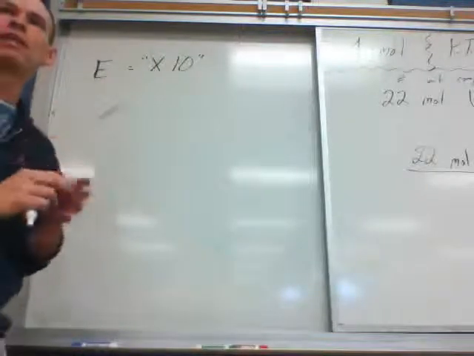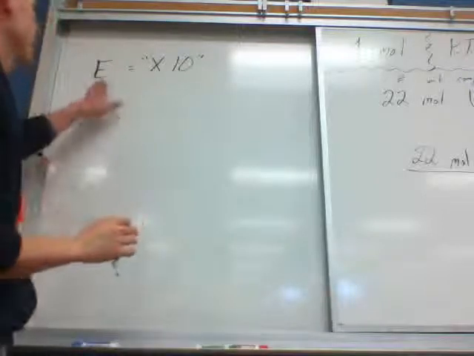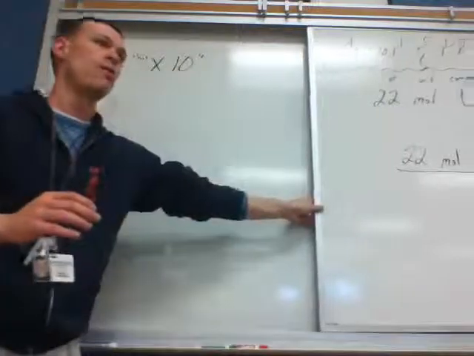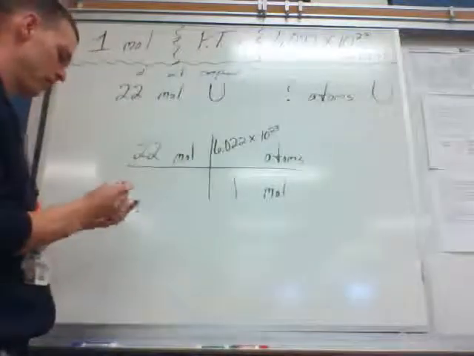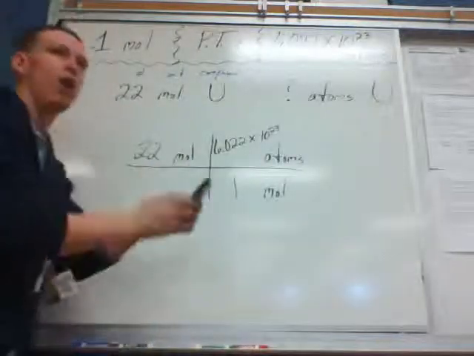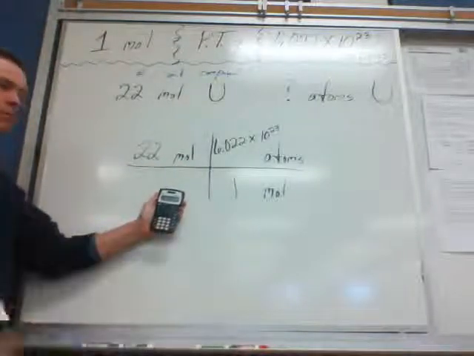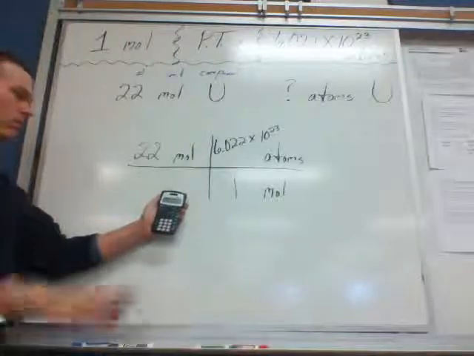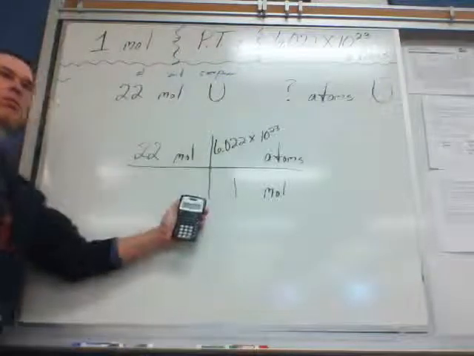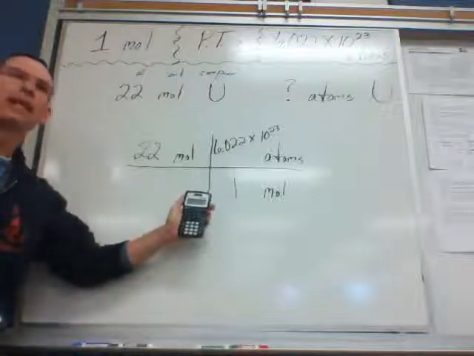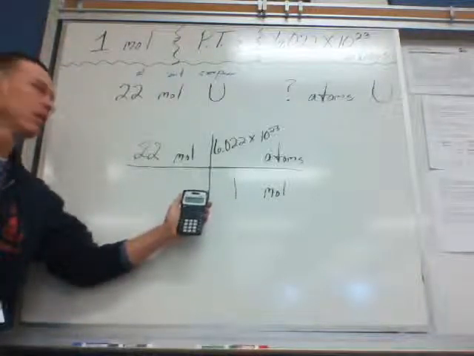There's a bunch of different ways to do scientific notation on your calculator. Here's how I teach it. The E means times 10. So with that in mind, follow along. Here's what I'm going to type on my calculator. 22 times, open parentheses, above the 8 is an open parentheses.